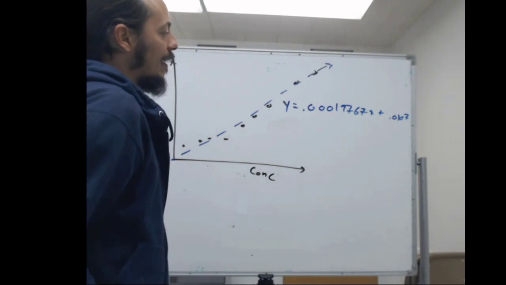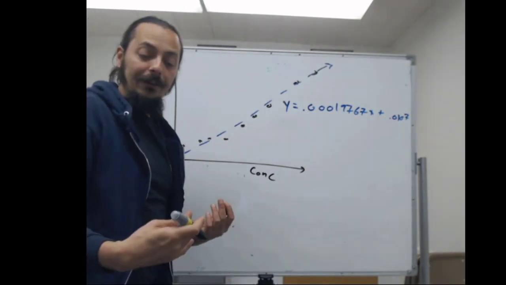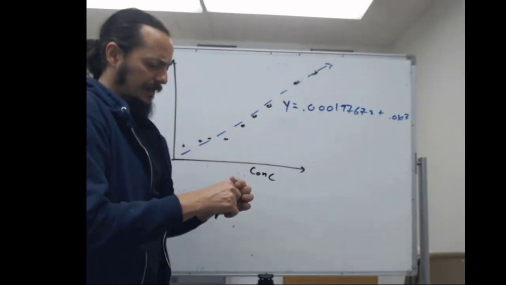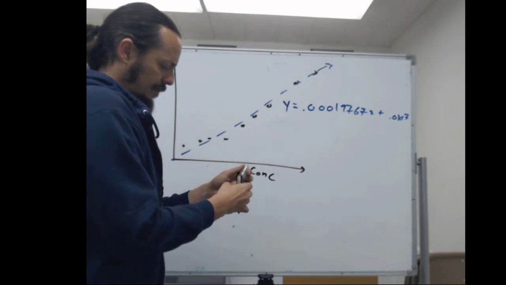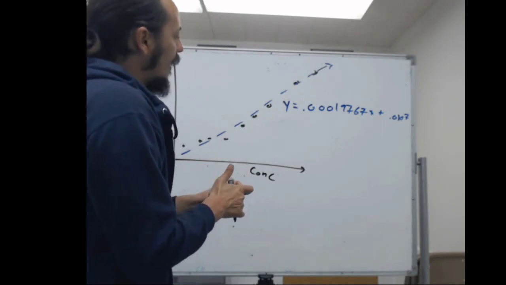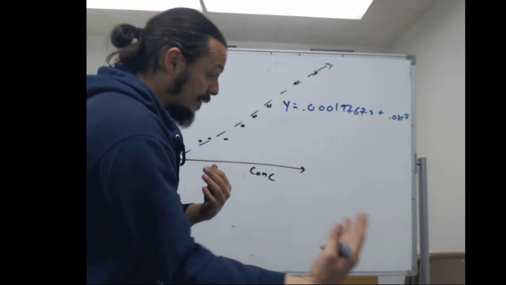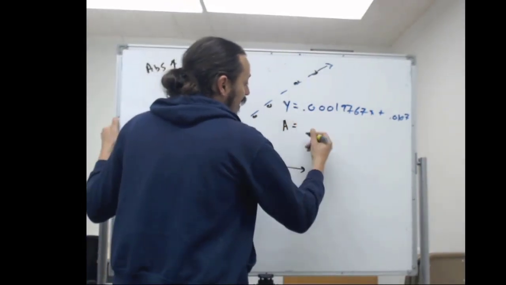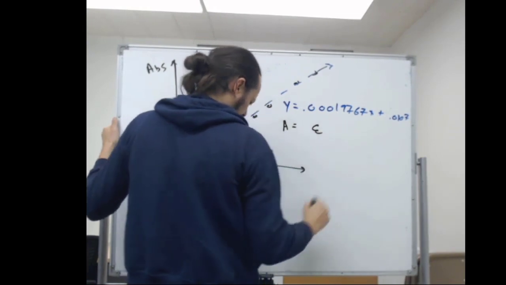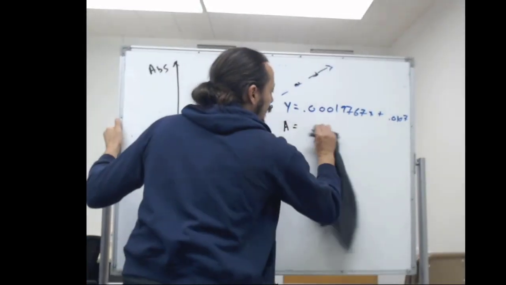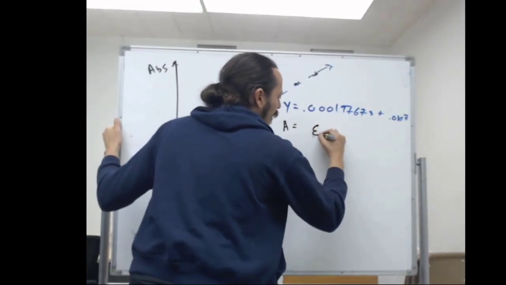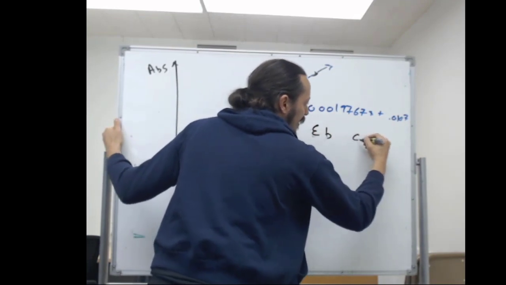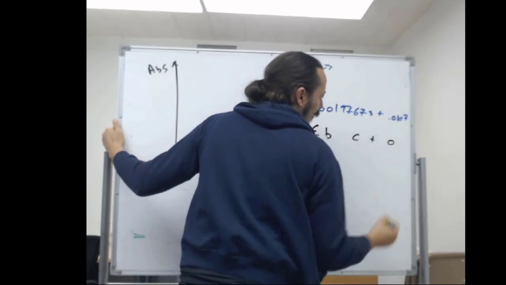And we can overlay with that our conceptual understanding of what Beer's Law is. Beer's Law is on the equations sheet. We used it a lot last week. And that is A equals epsilon b c plus 0, right?